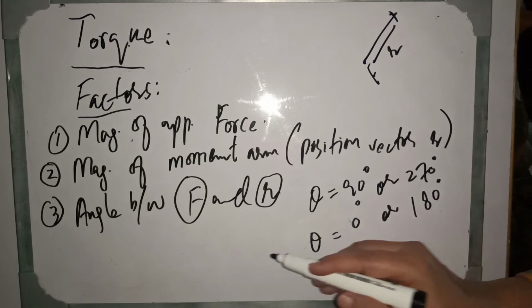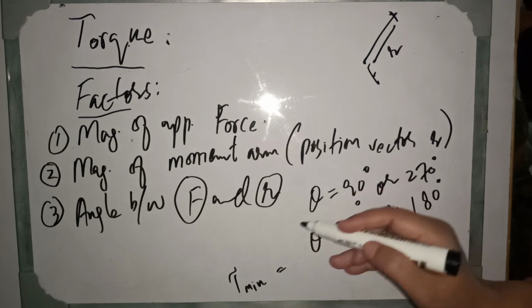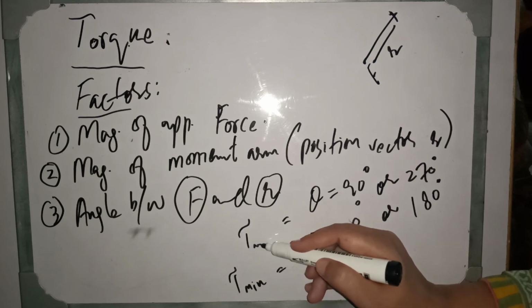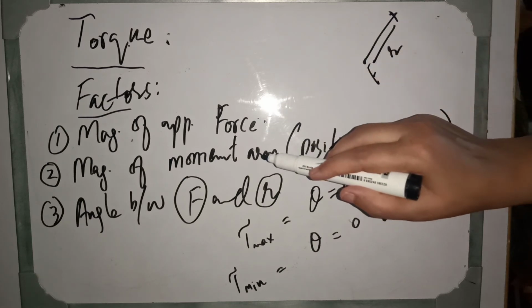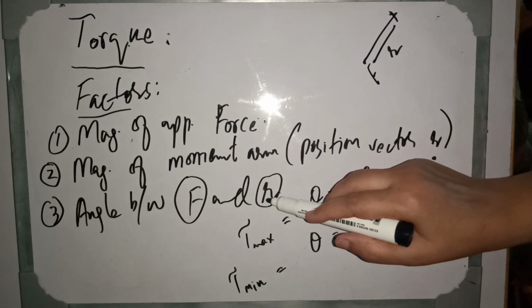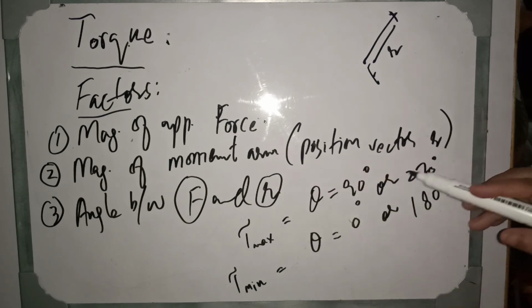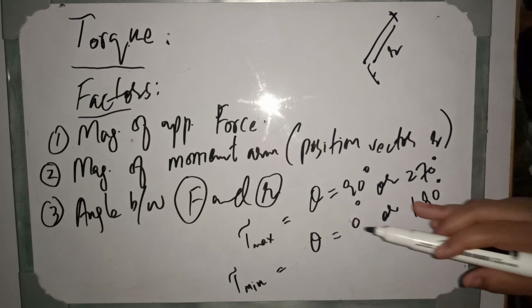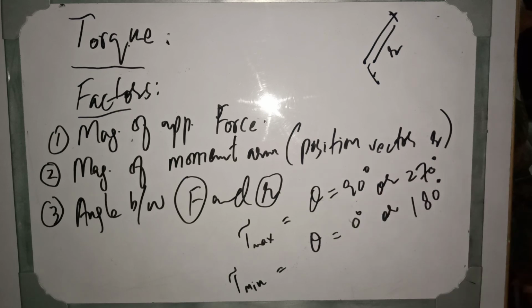So we have explained that torque depends upon three factors: magnitude of applied force, magnitude of moment arm, and angle between force and moment arm. If the angle is 90 degrees or 270 degrees, torque will be maximum. If the angle is 0 degrees or 180 degrees, torque will be minimum or equal to 0.